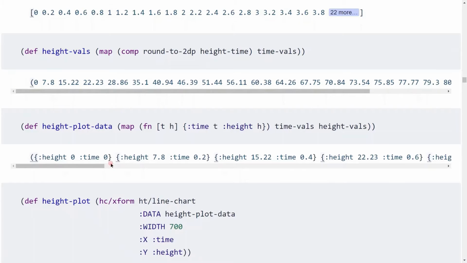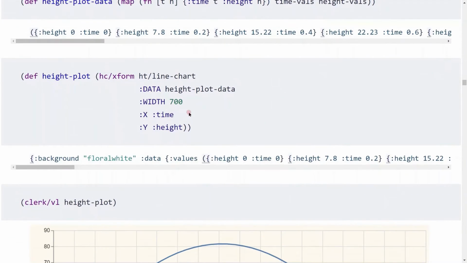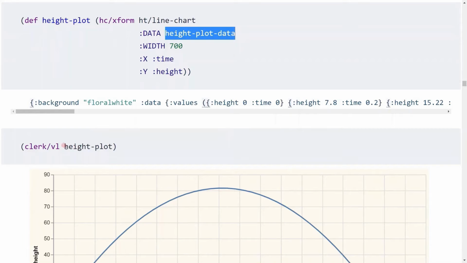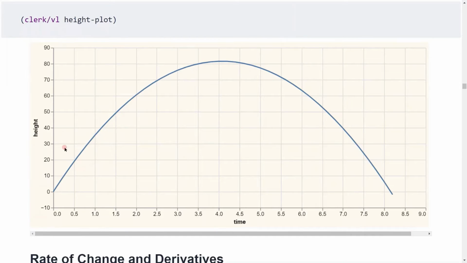This series of values will go into a Vega plot created by Hanami, and finally we can call the Clerk Vega renderer on our height plot, and we get a graph.